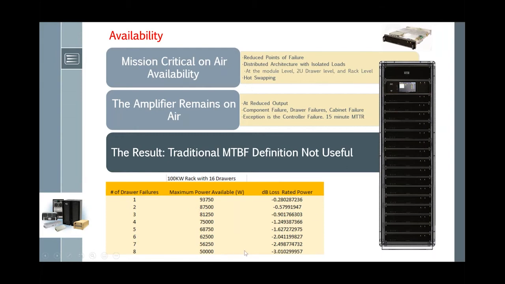Losing, in this case, as many as half of these drawers, you're still on the air with diminished power, cut in half. But that is remarkably different than if you lose a tube. Yeah. You lose a tube, you're done. And furthermore, the tube is not easy to take out and substitute. You might be off the air for a day.